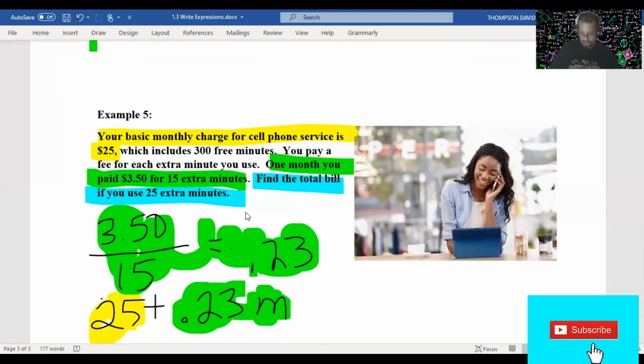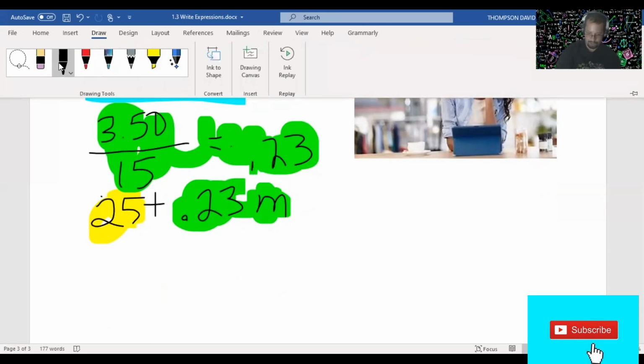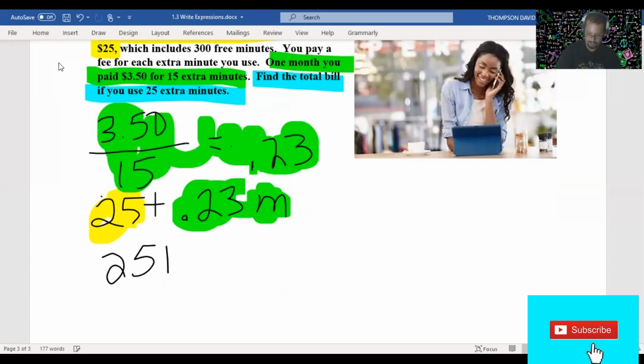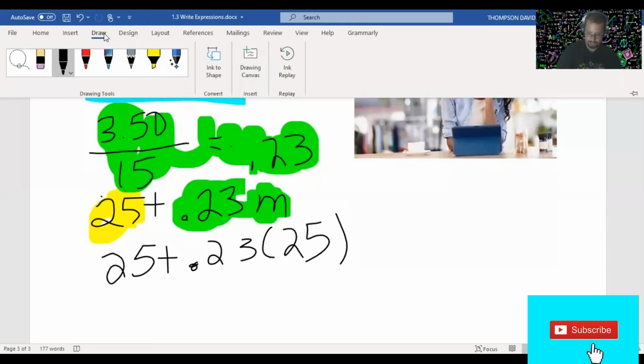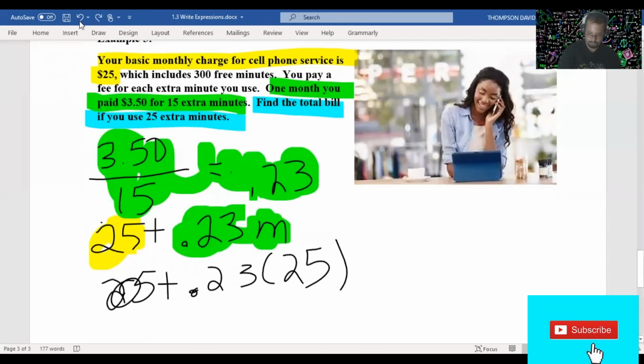Now we want to know how much we're paying for 25 extra minutes. What that means is we're going to plug in 25 for the m. So 25 plus 0.10 parentheses 25. Let's highlight everything to be consistent. The first 25 we're going to highlight in yellow.